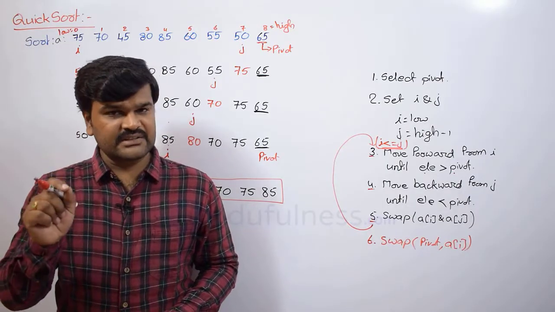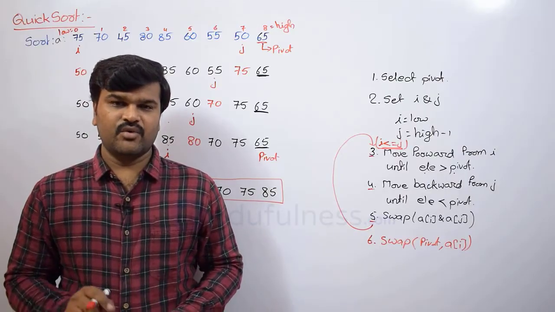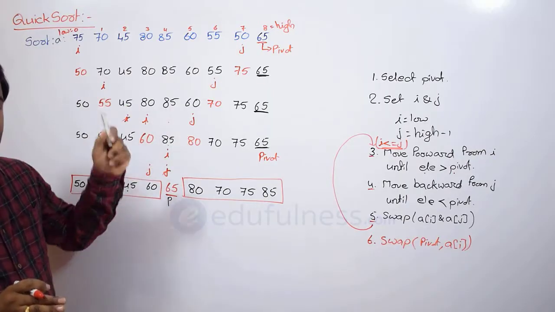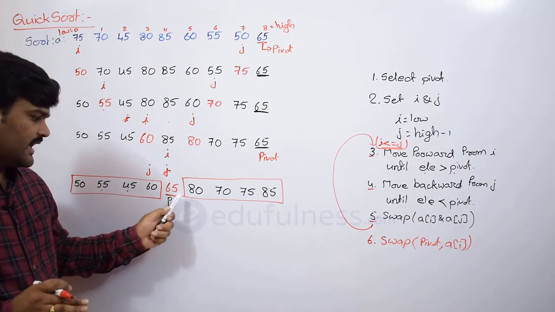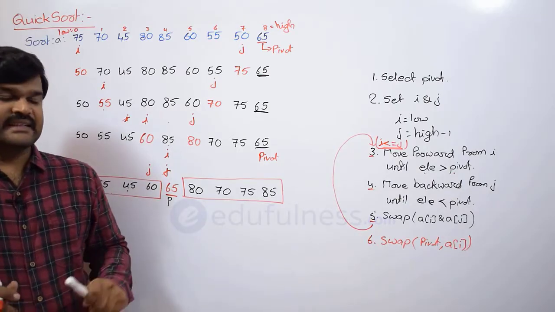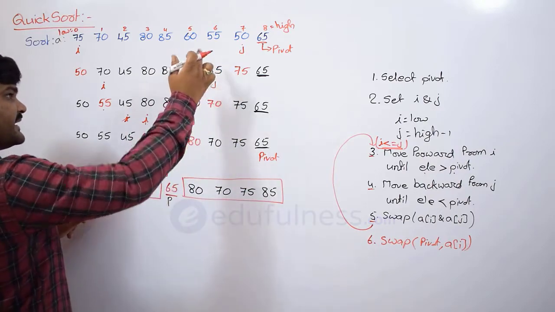That means it is not going to divide every time. That is very important. Only sometimes it is going to divide the given main problem into two subproblems after placing the pivot element in its correct position. Then every subproblem you have to solve in the same manner.